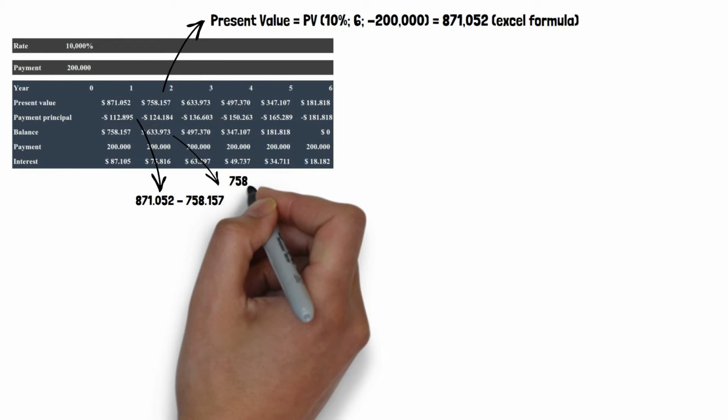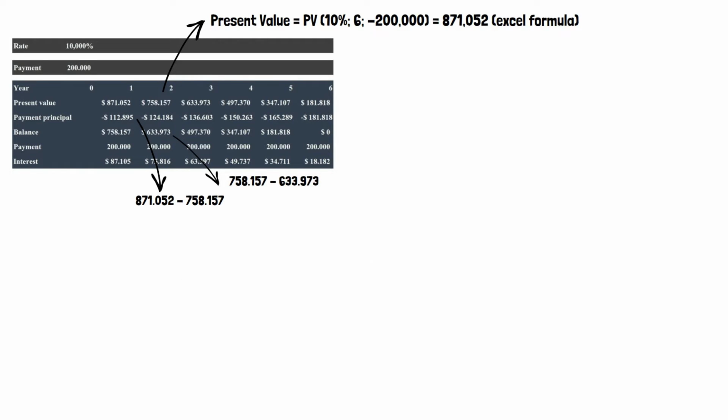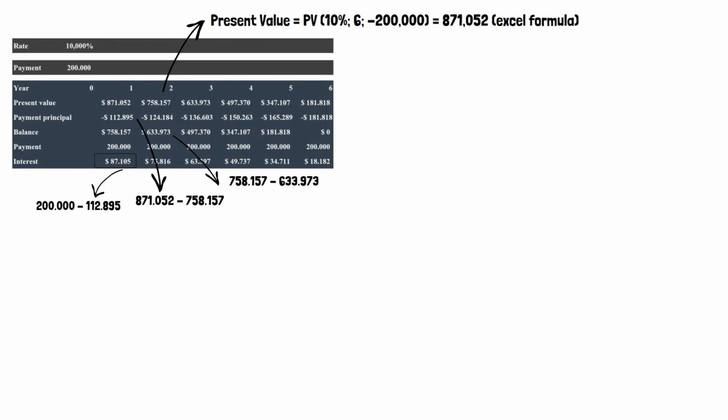In the same way, the principal payment for year 2 will be the difference between the present value of the lease liability for years 2 and 3. Later we will see the accounting recognition of these calculations. And finally, the interest for year 1 will be the annual lease payment of $200,000 minus the principal payment. We do the same for year 2.